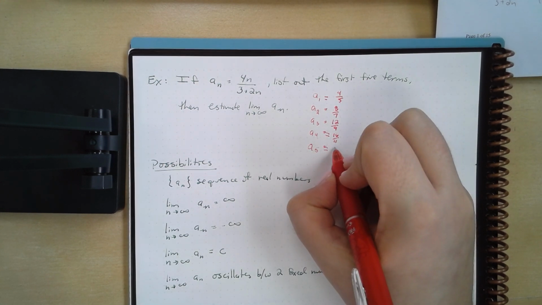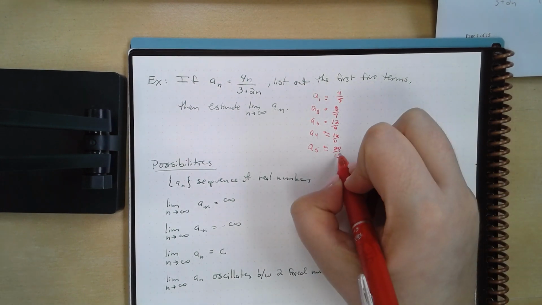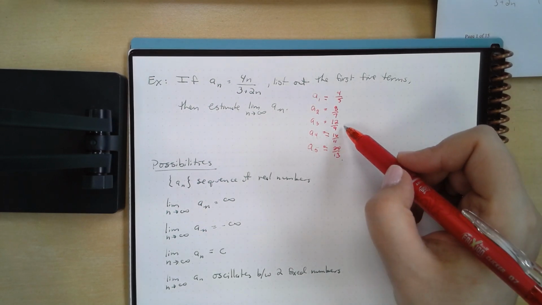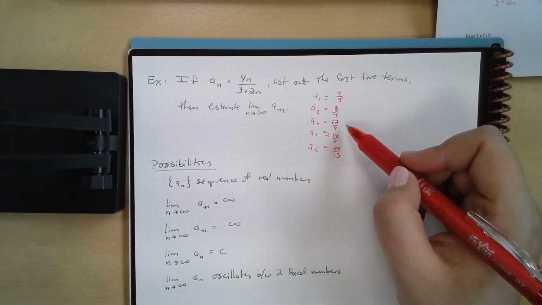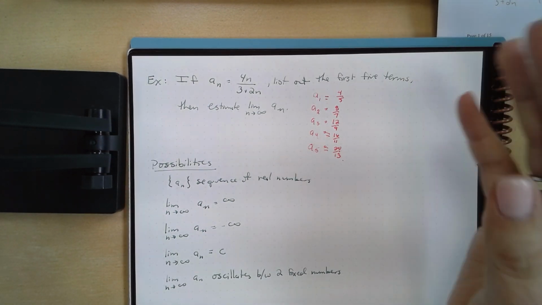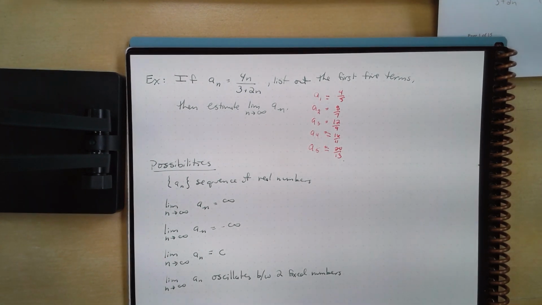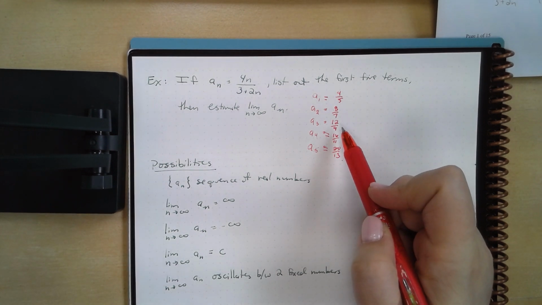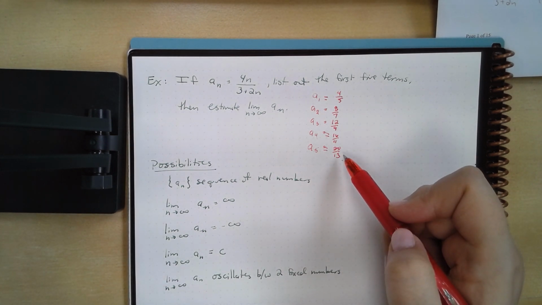And a sub 5, we're going to have 20/13. So these are our terms. You can see that a sub 3 could be simplified, but a lot of times with sequences, they're not, so that you can get a better idea of what the pattern is. If we were to reduce that fraction, we'd lose the vision of the pattern. So a lot of times it's just left like that.